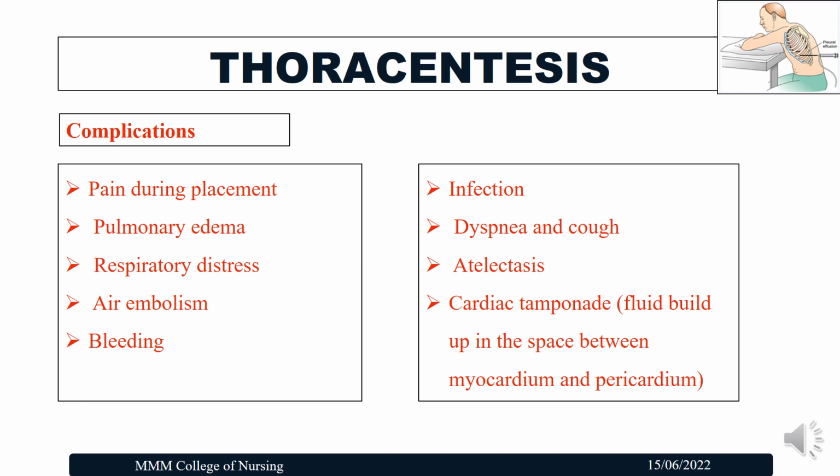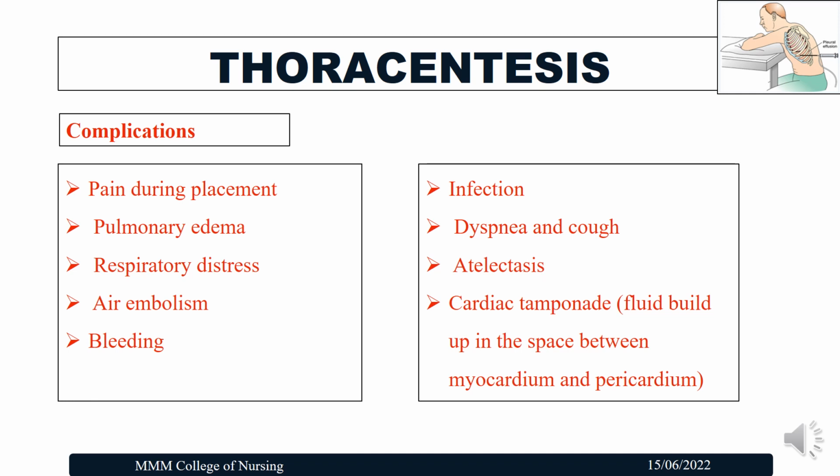The complications of thoracentesis include pain during placement of the needle, or the patient may develop pulmonary edema if we remove a large amount of fluid at a stretch. If we remove more than 1000 ml of fluid within 30 minutes, pulmonary edema can happen.